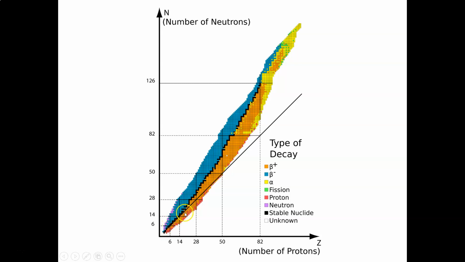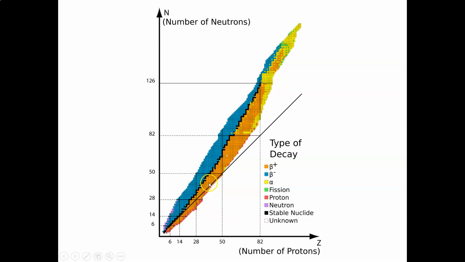Notice that as soon as we hit about 20, we have to start adding more neutrons in order to keep those protons separated. And as the number of protons gets bigger, we need even more and more neutrons to keep that nucleus stable. On either side of this stable staircase are the isotopes that are unstable, the isotopes that are radioactive.